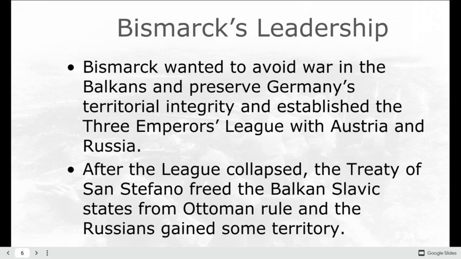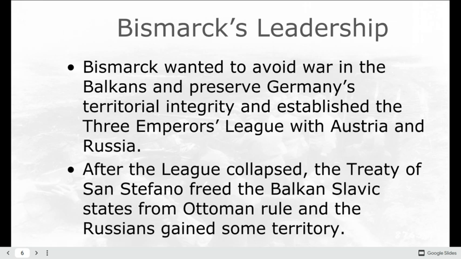So Bismarck ended up setting up an emperor's league with Austria and Russia because he didn't like the idea of Austria's territory becoming destabilizing. And he figured the massive territorial and population influence of these three could have some common ground.